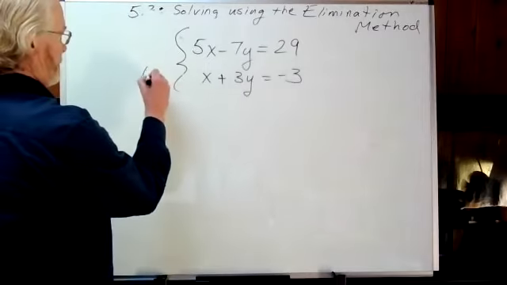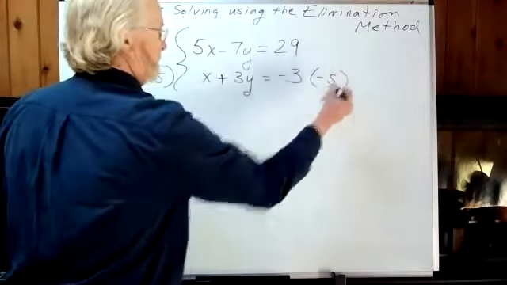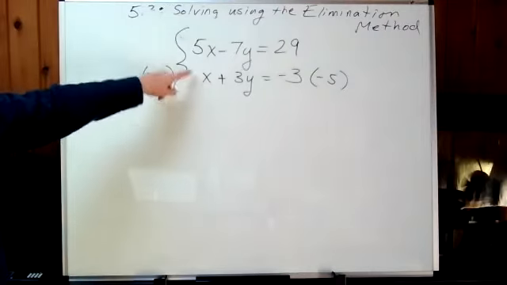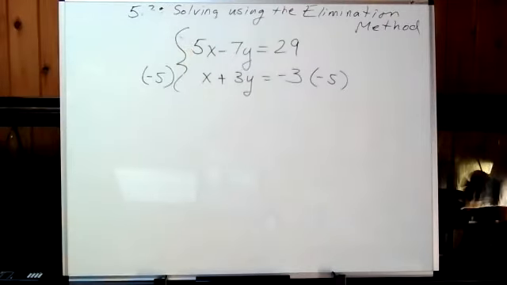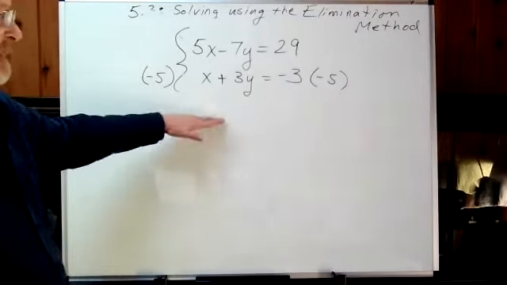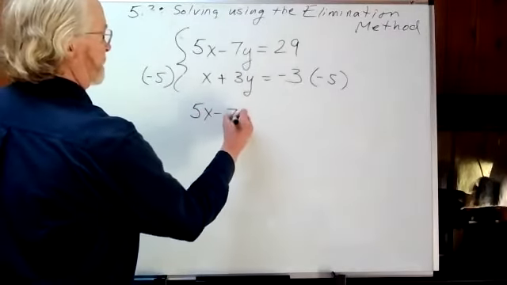I want to make sure you're on the right track. I'm thinking I'm going to multiply this entire equation by -5 to get the x's to be the same but opposite signs. Because it's the second one I'm changing, I'm going to copy them both down again. Here's the first one.